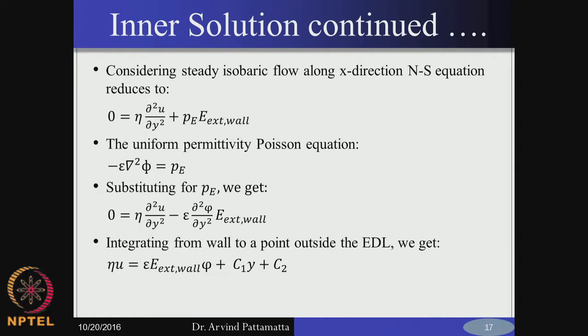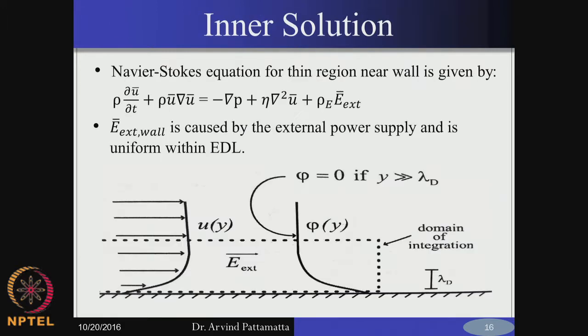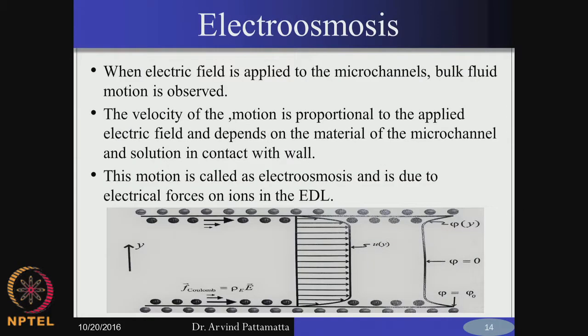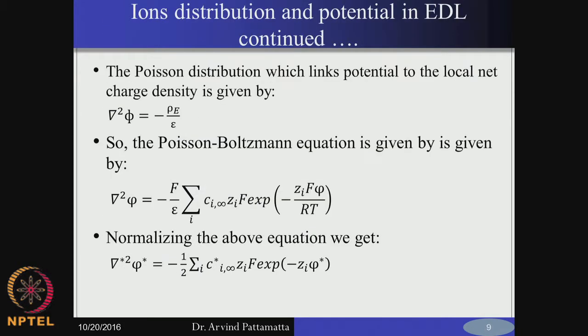Now we substitute from Poisson's equation. We can actually write your rho E. Please correct this, it looks like P E, but it is actually rho E. This rho E is rewritten from Poisson's equation as epsilon into del square phi.